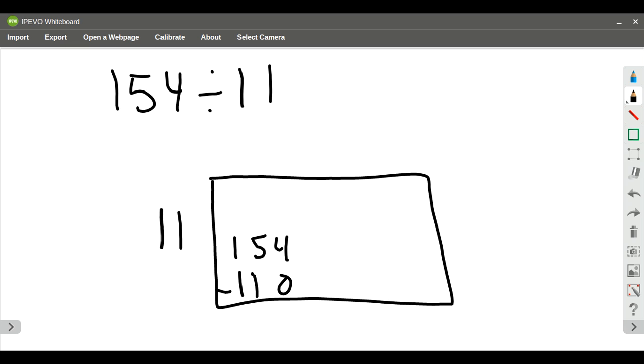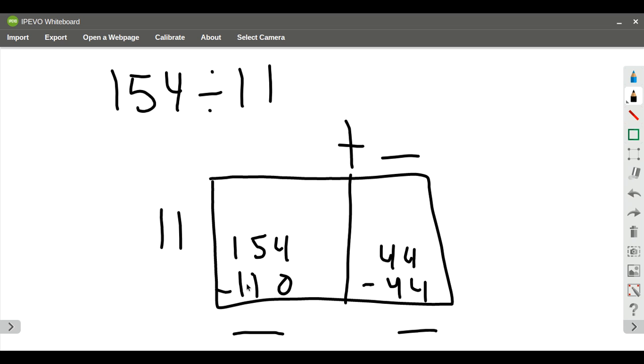I don't know what that answer is yet, but they gave me over here 44, subtract 44. So I need to find the answer for down here, the value that's going to go in here and the value that's going to go in here. And then that will give me my total quotient.